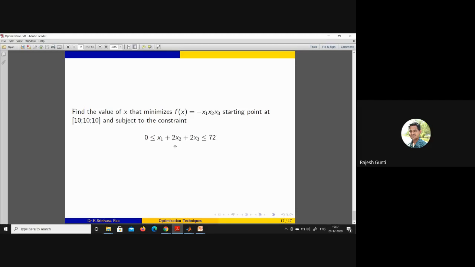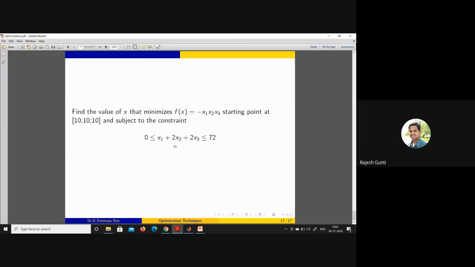One is x1 plus 2x2 plus 2x3 less than or equal to 72. Second one is x1 plus 2x2 plus 2x3 greater than or equal to 0. There is no non-linear constraint. Am I correct?